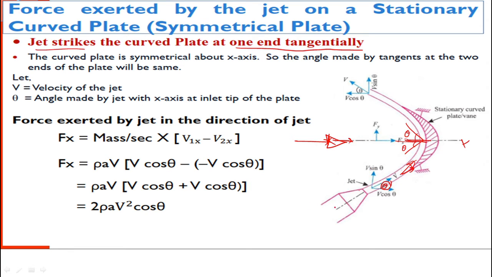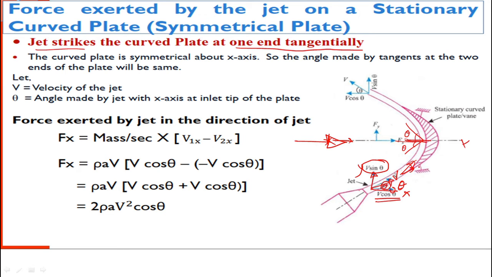As we can see here, the initial velocity, capital V, is making some angle theta with the horizontal. So we can split this velocity into two components: the x direction component will be V cos theta and the y direction component will be V sin theta.